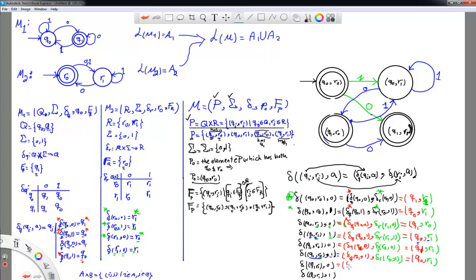So we're going to get delta sub Q of Q. Wait a minute, what is this? Q sub 1. So Q1 and symbol 0. I need a bigger screen. So delta of Q1 and element 0 is Q1.